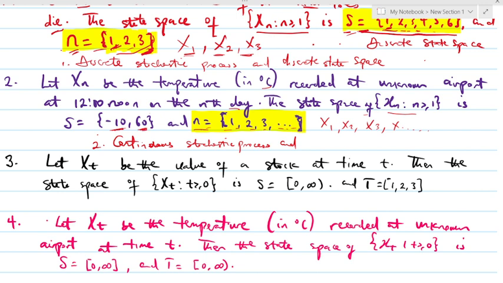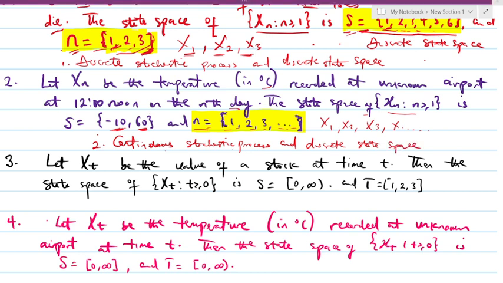So we only consider 2 states for our temperature, which are minus 10 and 60. Because this state space is discrete, the full classification of this example will be continuous stochastic process and discrete state space. I hope you get the trick now.